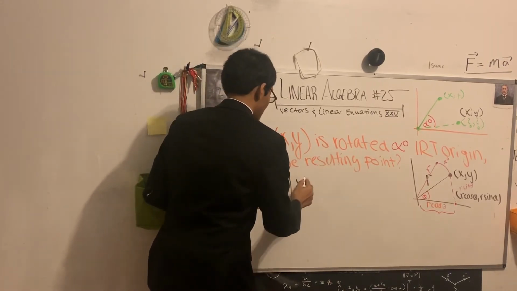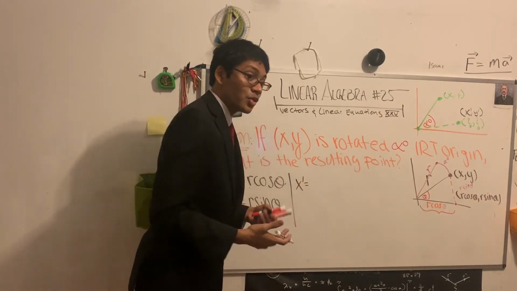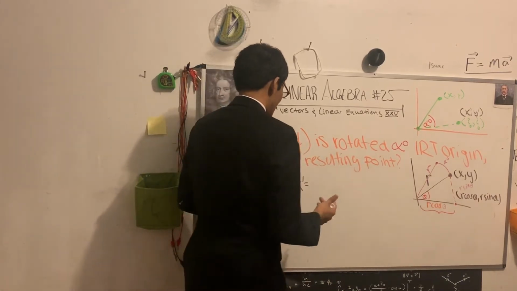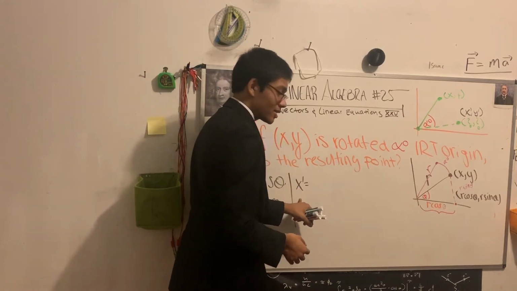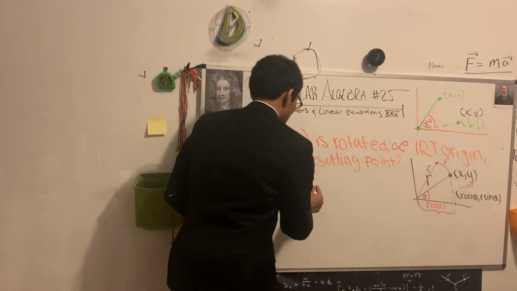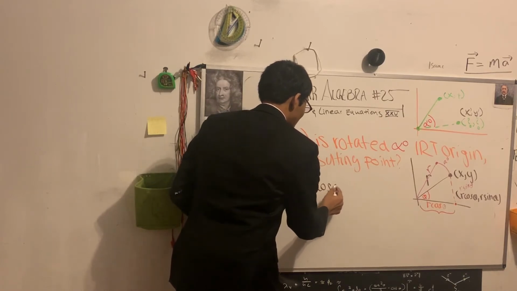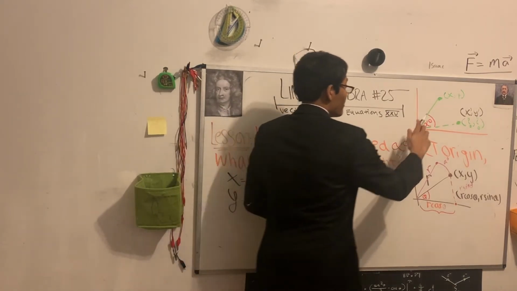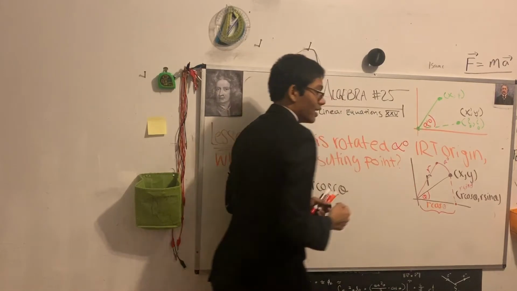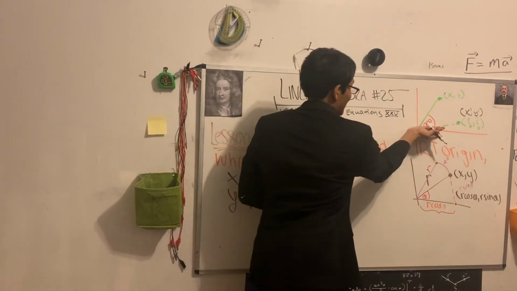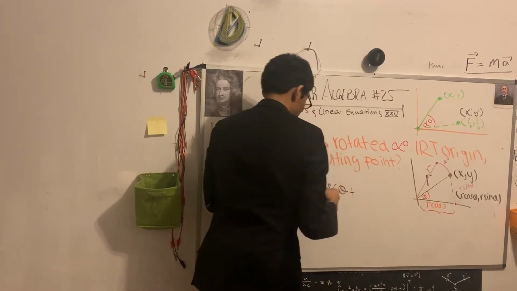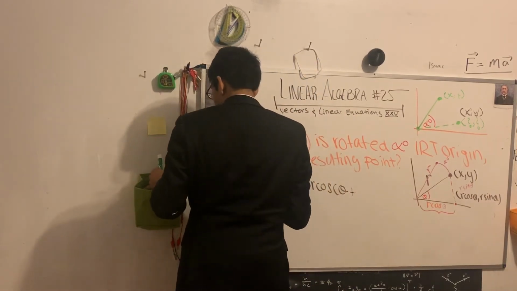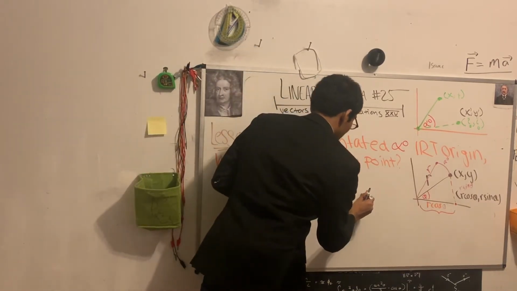Let's say x prime, and here is the very crucial idea. This is almost like magic if you watch carefully. Let's say my new x coordinate, x prime, is equal to r cosine, not theta, but theta plus alpha. I'll write alpha in red.